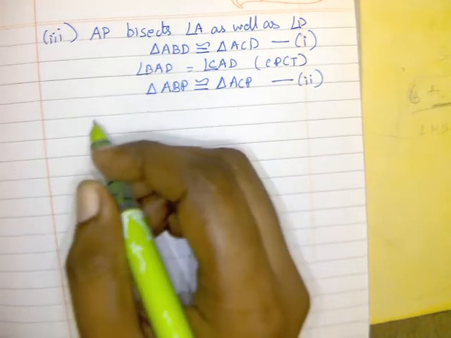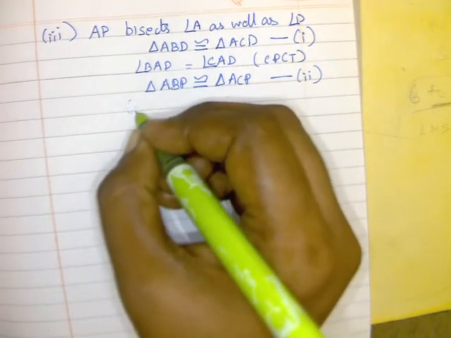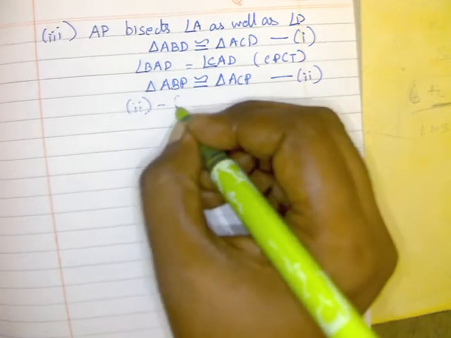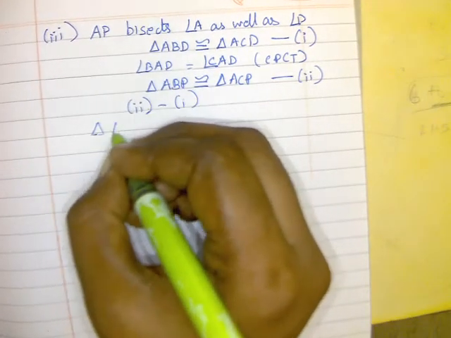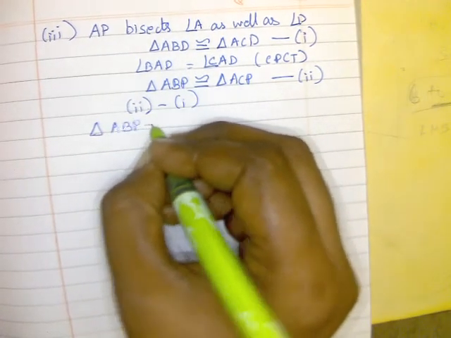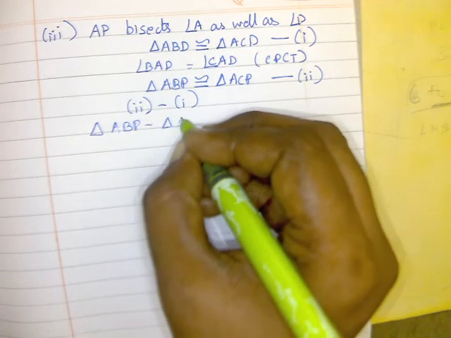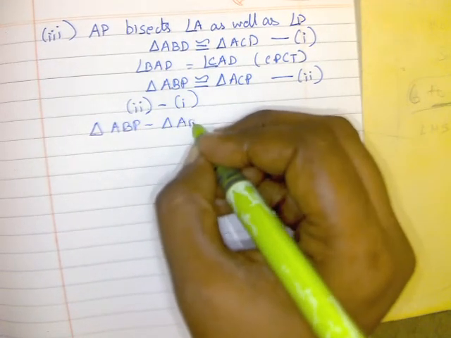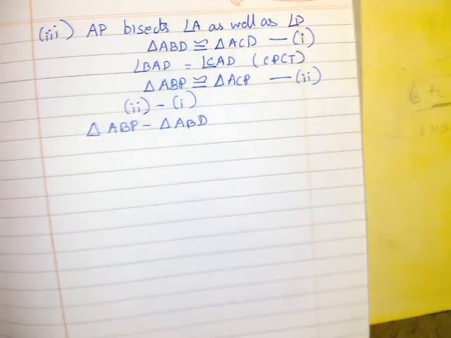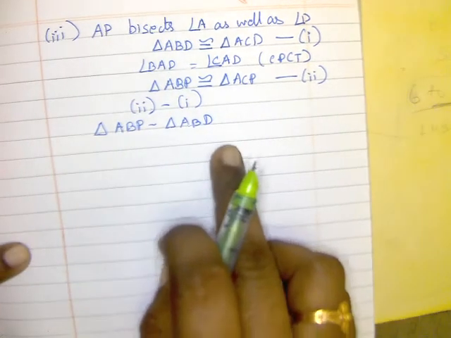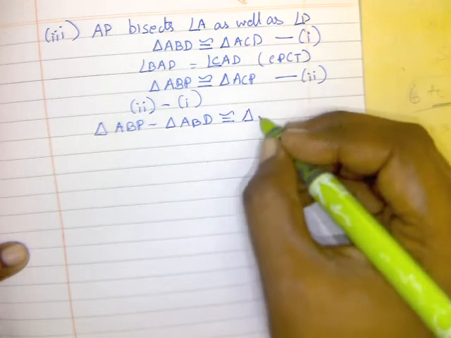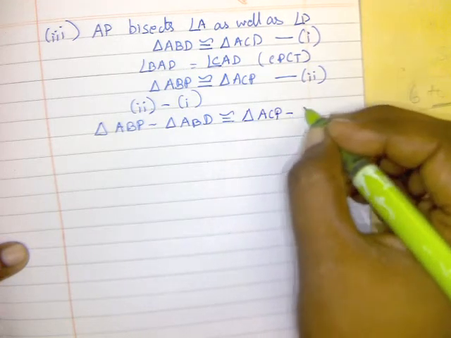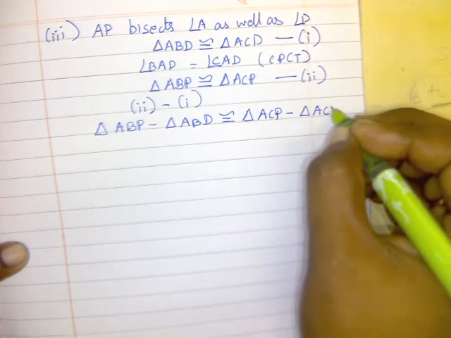On subtracting 2 minus 1, triangle ABP minus triangle ABD is congruent to triangle ACP minus triangle ACD.